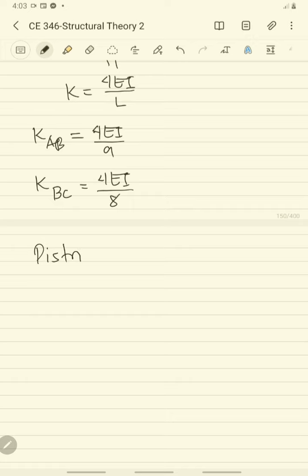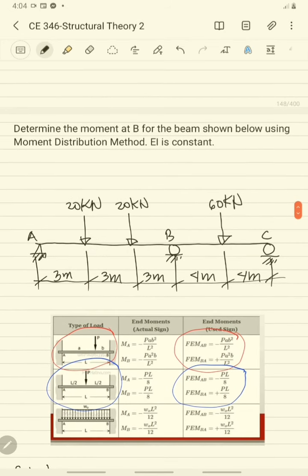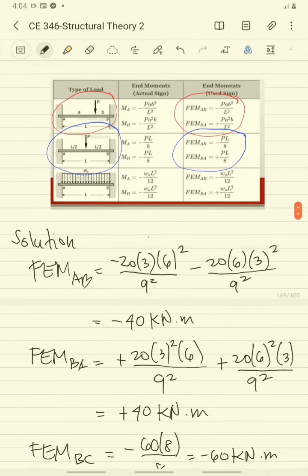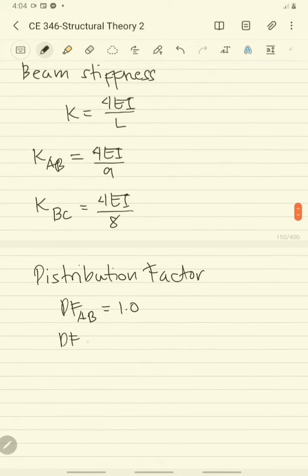So the distribution factor for AB, DFA, is equal to 1. And for CB, the distribution factor is also equal to 1.